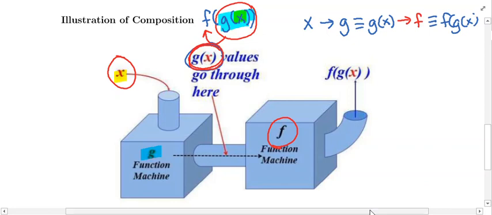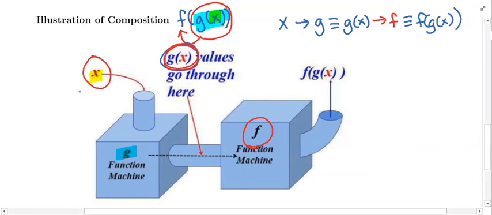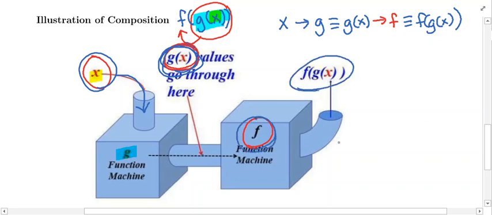So basically, you see the x plugged into g, that spits out the output g of x, and then that's plugged in as an input to f, and then that spits out the output f of g of x.